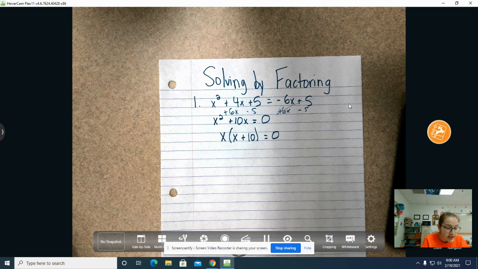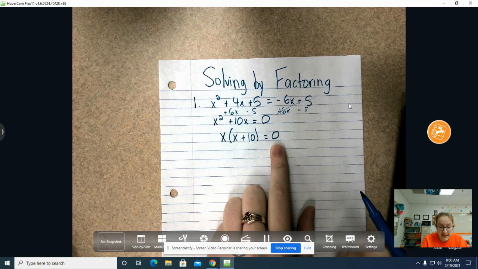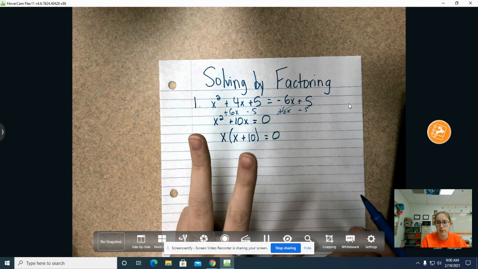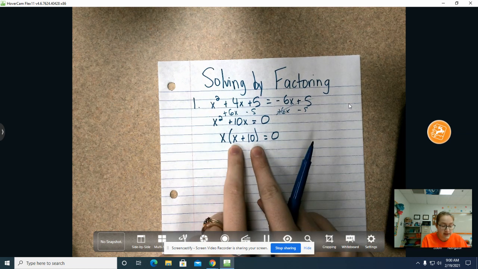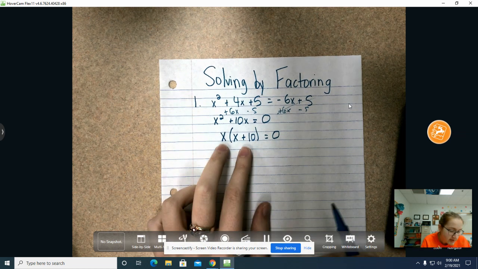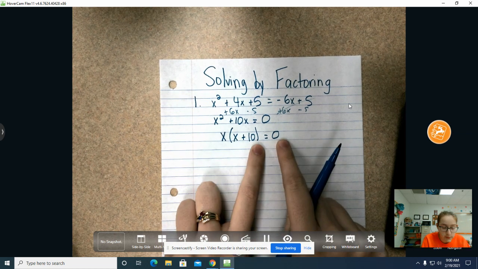But essentially, if 2 things multiplied together equal 0, that means one of them has to be 0, or one of them has to give you 0. Whatever you plug in for x here, it's going to give you 0. So you're just going to take every part that you have and set it equal to 0.